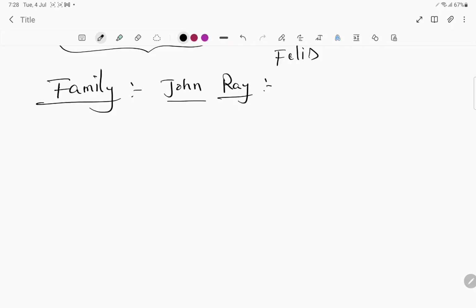Among these examples we have different genera like Solanum, Petunia, Datura, all three coming under one family called Solanaceae.